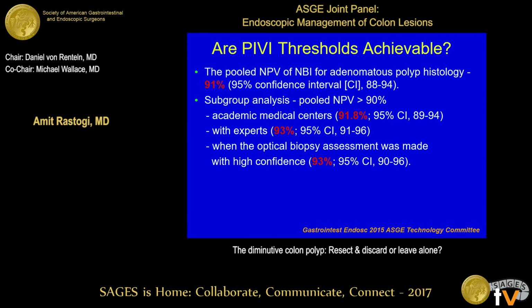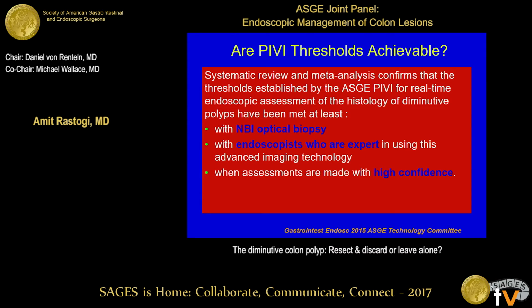And for the second benchmark, which deals with the hyperplastic polyps in the rectosigmoid, the negative predictive value for adenomatous histology also was greater than 90%, especially in academic centers with experts, and when optical diagnosis, again, was made with high confidence. So overall, the systematic review recommended that the endoscopic assessment of the histology of diminutive polyps, the benchmarks, have been met with NBI, with endoscopists who are experts in using this technology, and when the diagnosis is made with high confidence.